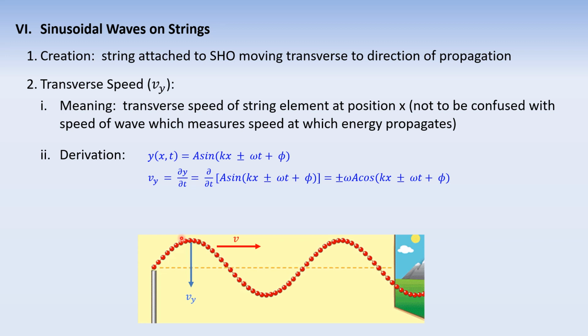We're looking at the speed of a given particle in the medium, a given tiny string element at any time. And when we differentiate our wave function with respect to time, our sine function becomes a cosine function multiplied by the constant omega.